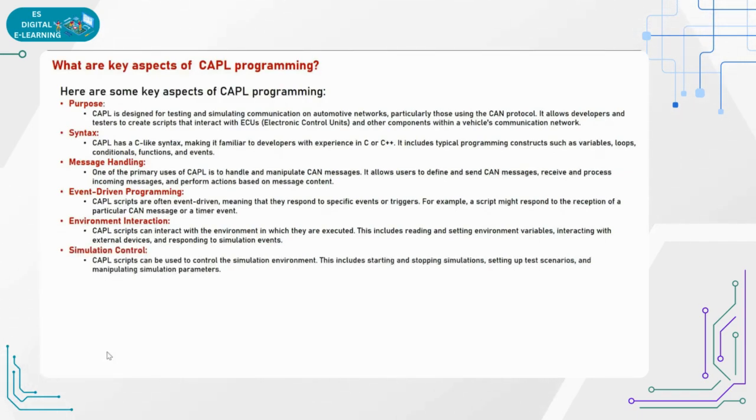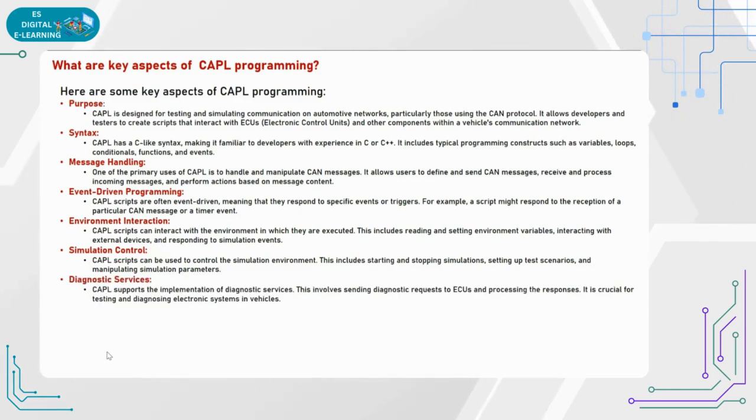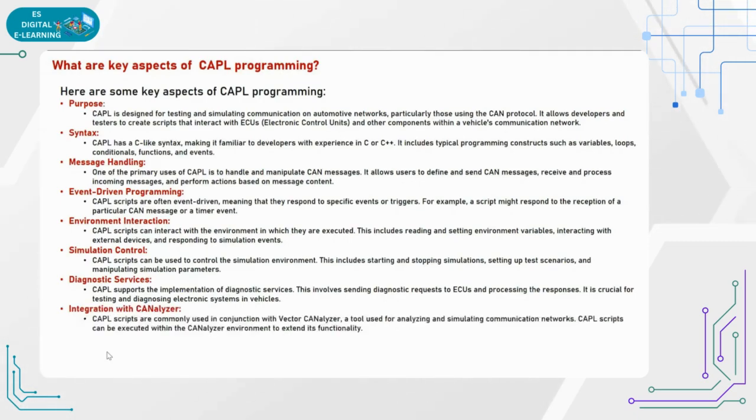And next is simulation control, where we are able to start, stop, or some scenarios can be manipulated, changes we can do in the simulation control. Next is diagnostic services, where we are able to debug the failures in the ECUs, so that we are able to operate via CAPL. And mostly it is easy for integration with CANoe, not only with CANoe.